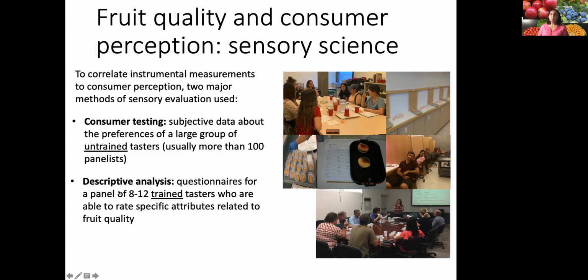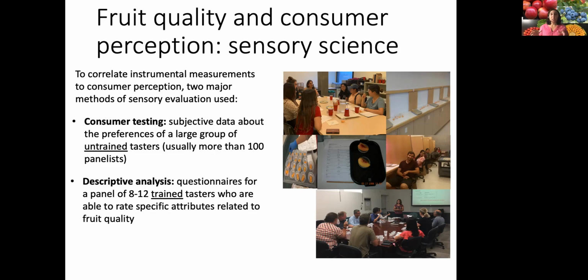So we only have 8 to 12 tasters in this case, and when they are going to proceed to evaluate the real samples, they do it in booths where they are individually evaluating their fruit. There's no discussion at all, okay? It's very focused based on what the training they had before taught them.